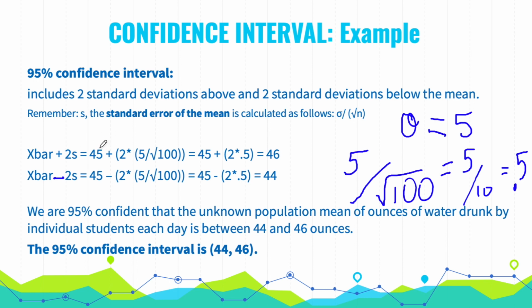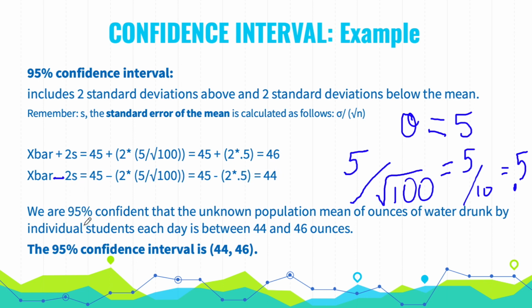So we were given x bar is 45, and we're going to plug in our standard error of the mean. So 2 times the standard error of the mean, 45 plus 2 times 0.5 is 46. And then x bar minus 2s, again using the standard error of the mean, s. That's 45 minus 2 times the standard error of the mean. So 45 minus 2 times 0.5 is 44.